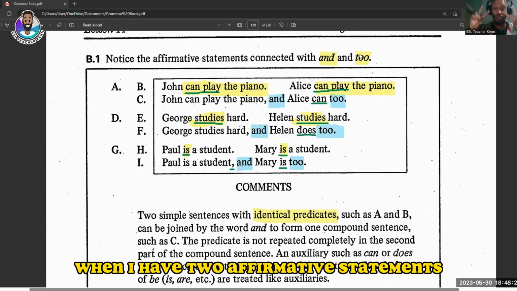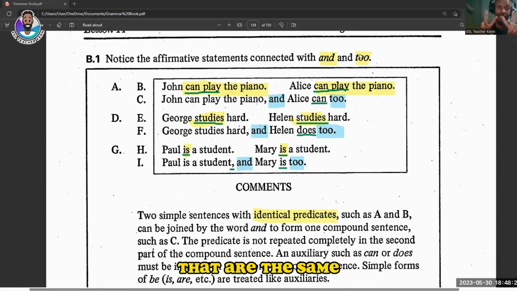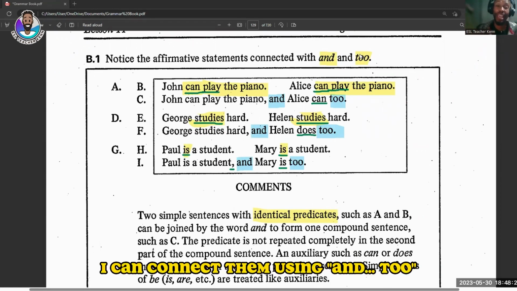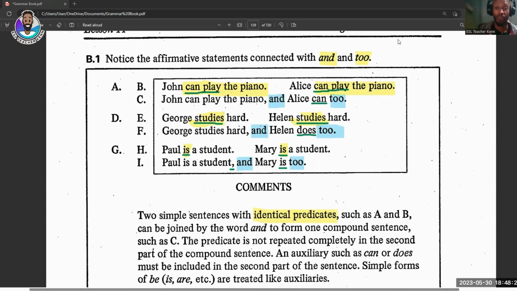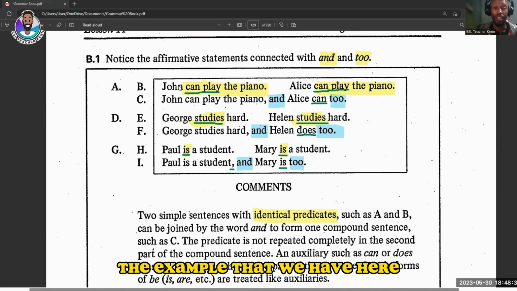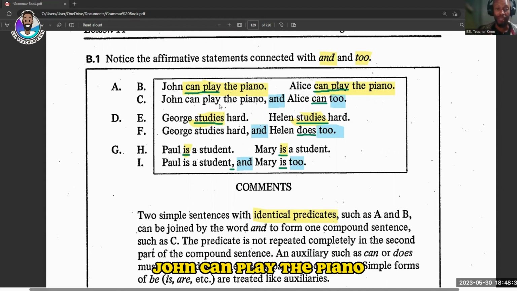When I have two affirmative statements that are the same, I can connect them using and too. The example that we have here, John can play the piano, Alice can play the piano. We will say, John can play the piano and Alice can too.